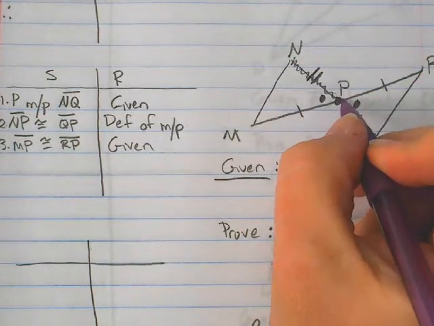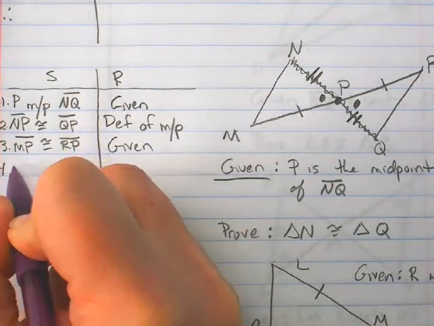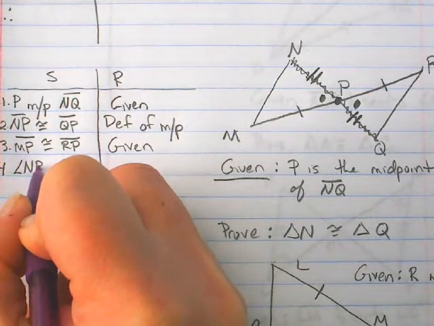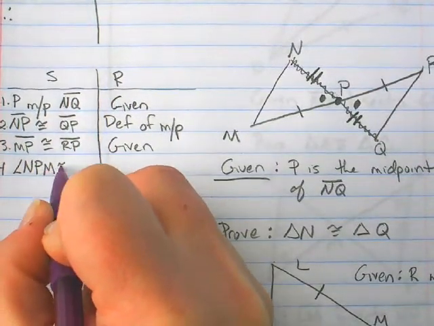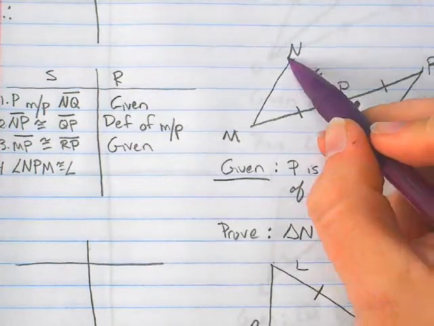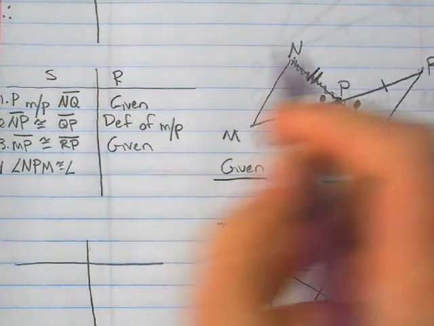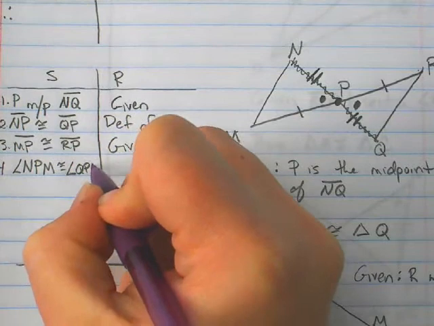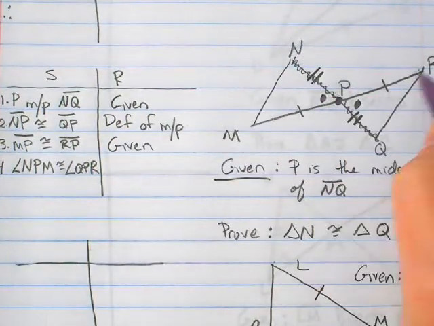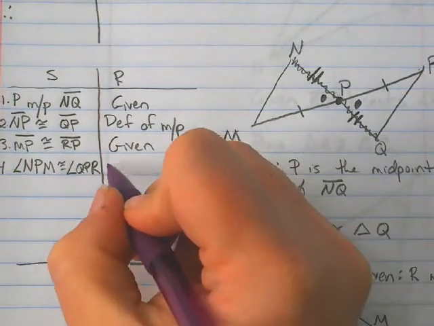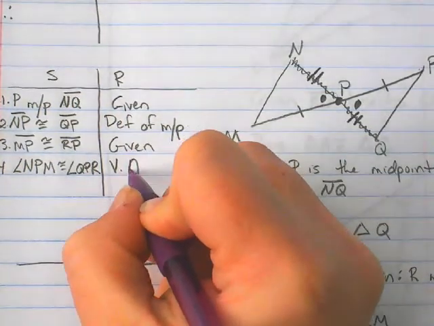I have to name this with three letters. Angle NPM congruent to angle QPR. What you saw is me checking to make sure I listed my letters in order, and that is because of vertical angles.